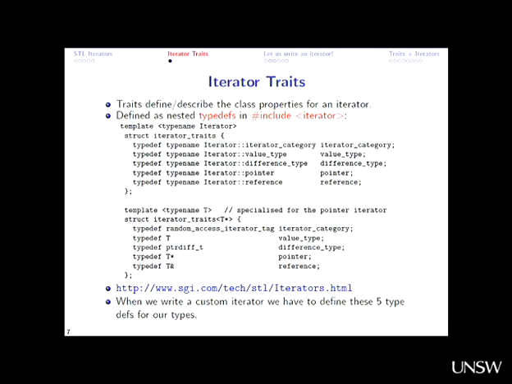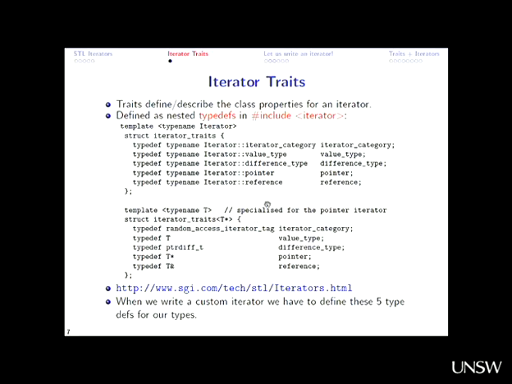There are 5 type traits that tell the compiler that a particular class can be used as an iterator. They're defined in these type defs. These type definitions define what this thing needs to be able to do if it is to be used as an iterator.